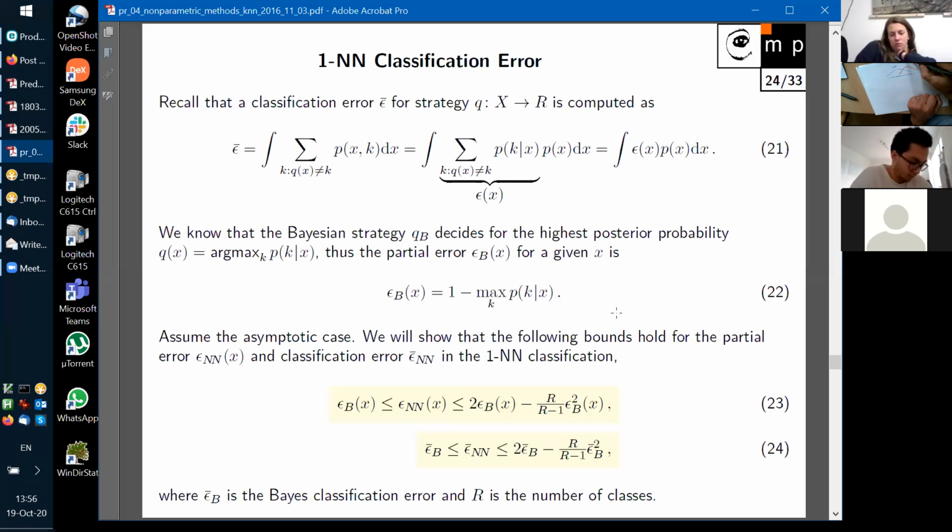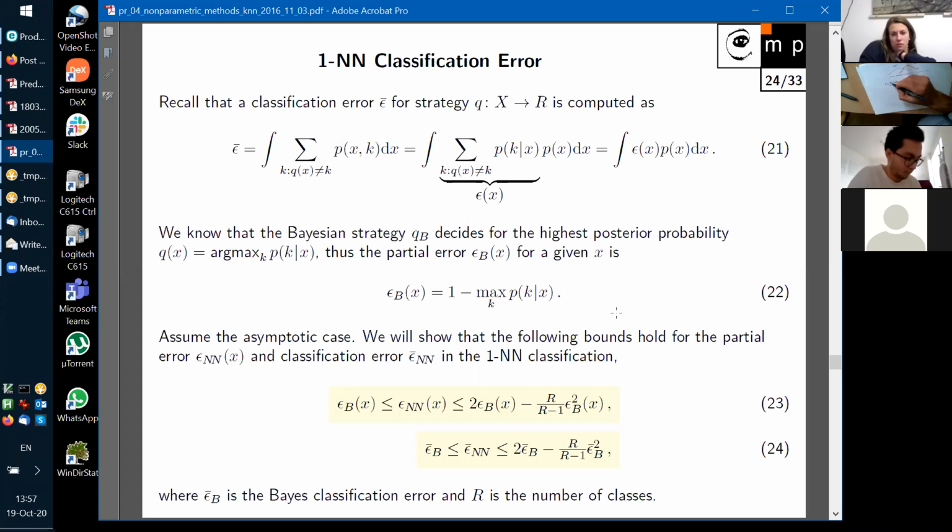Now it equals 1/2. An interesting result says the error of the nearest neighbor is not converging to epsilon Bayes, even when n goes to infinity.